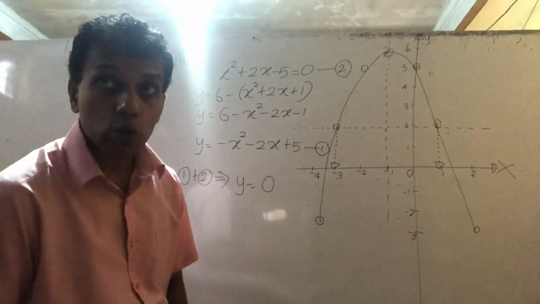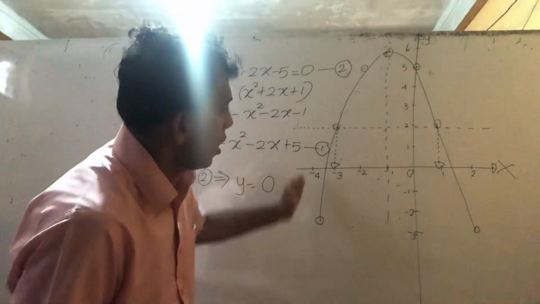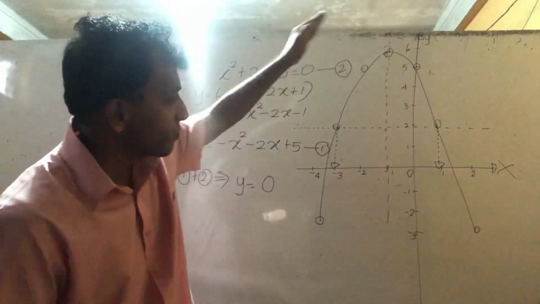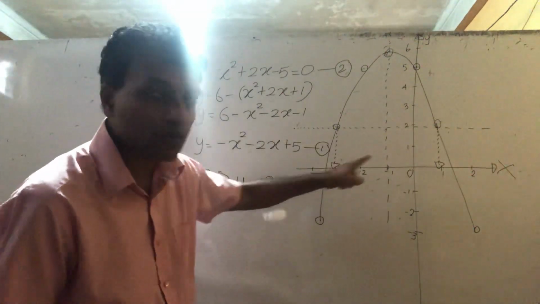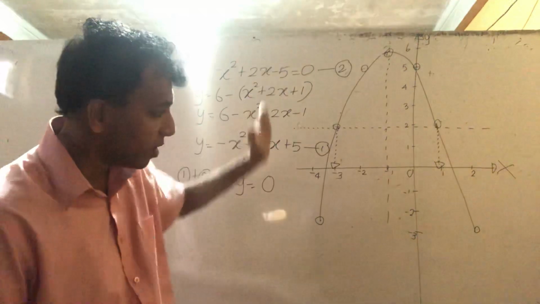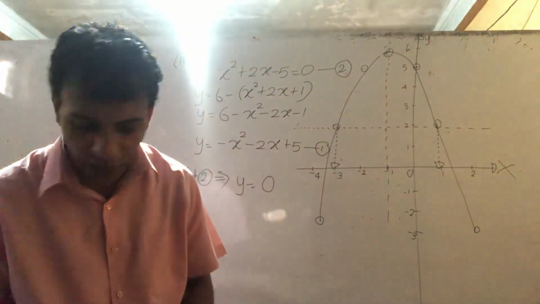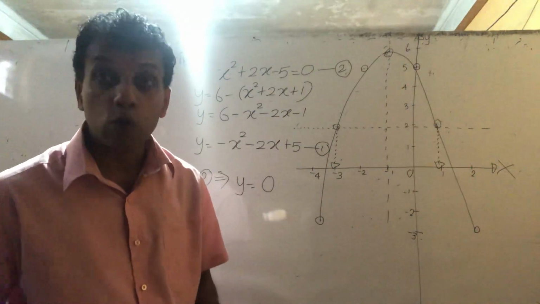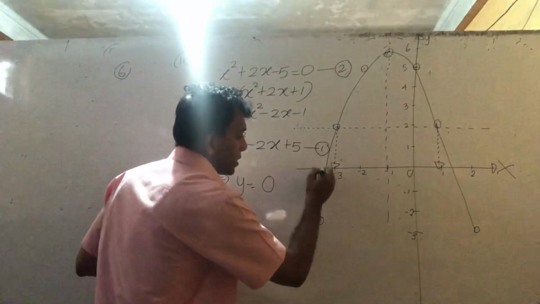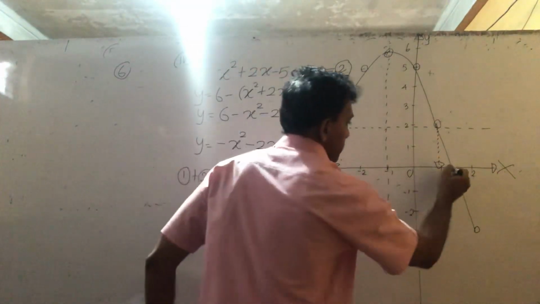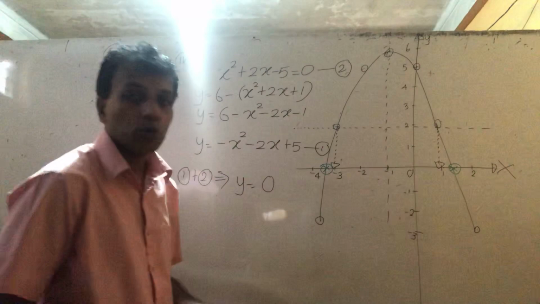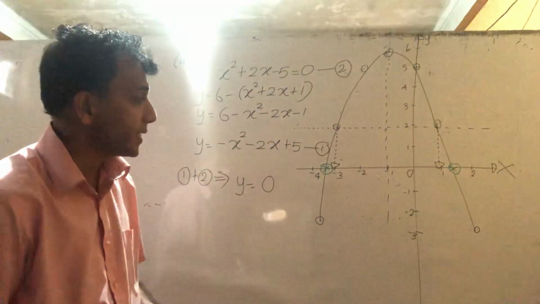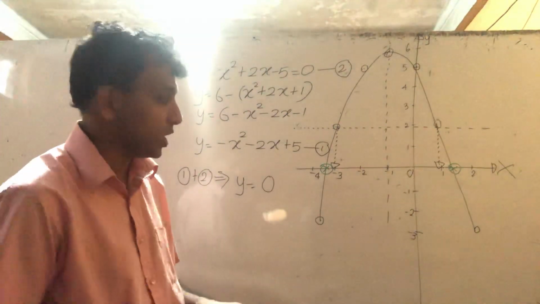So what are the solutions therefore? Where this graph cuts the two x values, those are the solutions. It cuts here and cuts here. These are the two solutions of that quadratic function or quadratic equation.